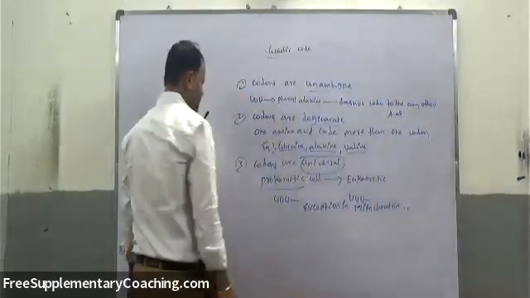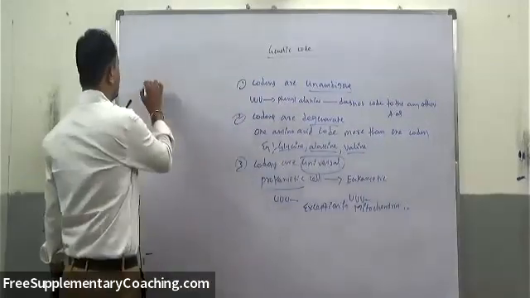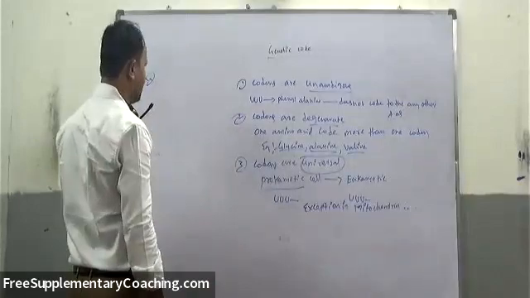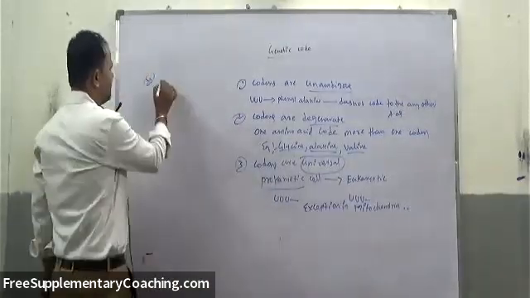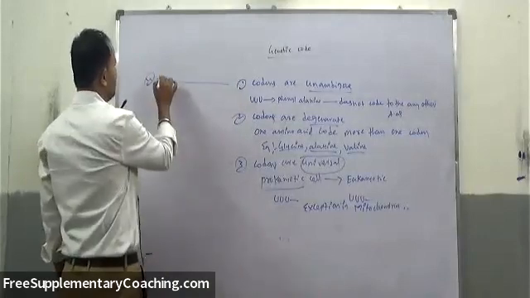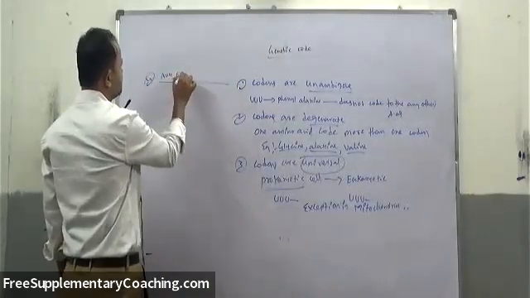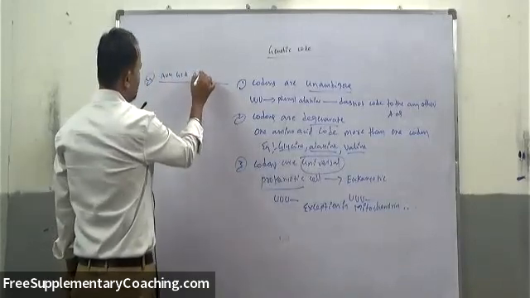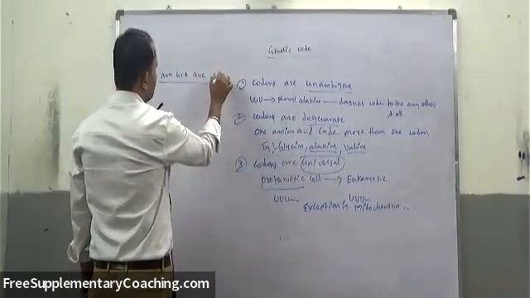These are the third salient feature. Fourth one is codons are continuous. When we read the mRNA, the mRNA has codons like this. AUG is there, GCA is there, then AUC is there, and GAG is there.